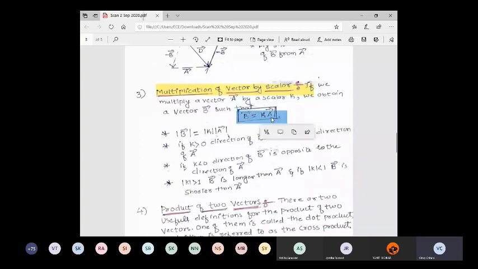Is it a vector when you multiply a vector by a scalar? Is it possible that we can make it a scalar?